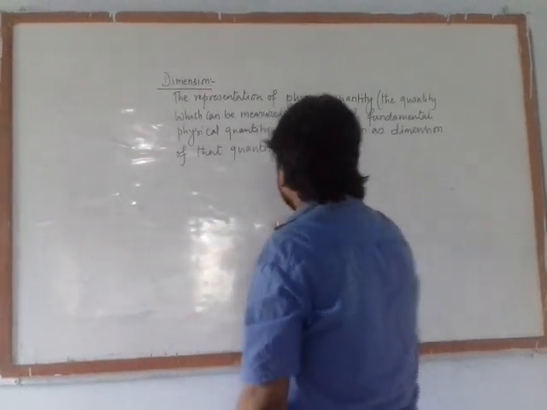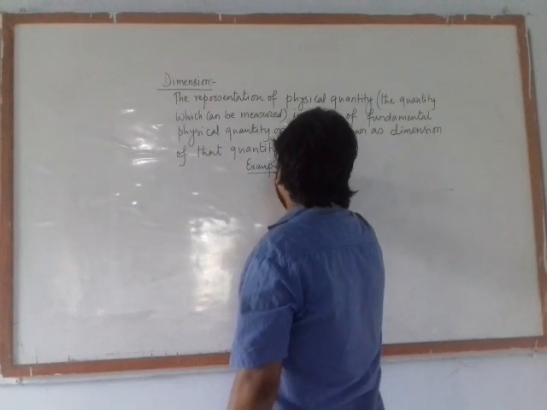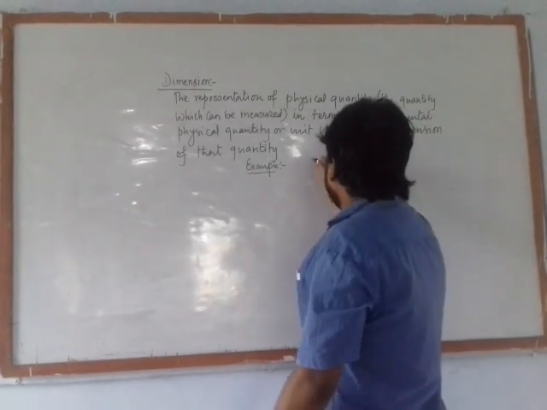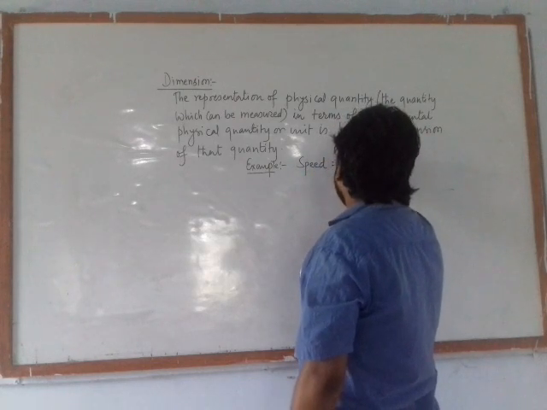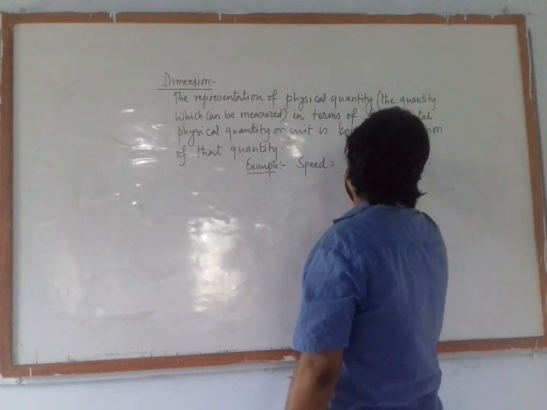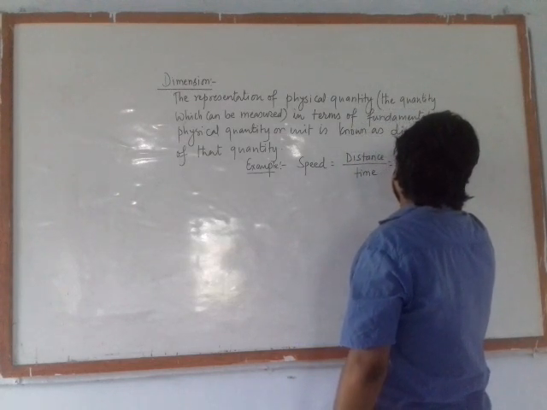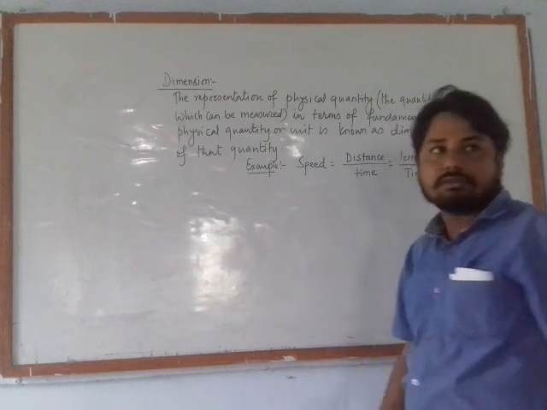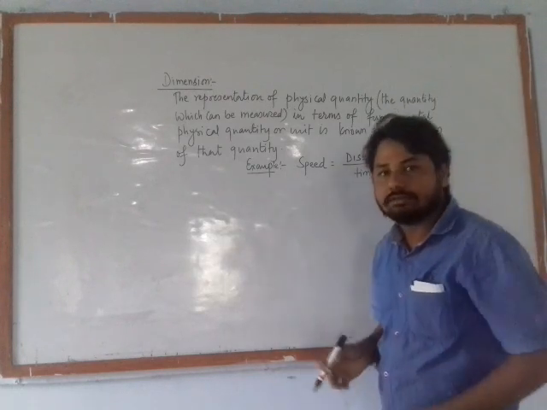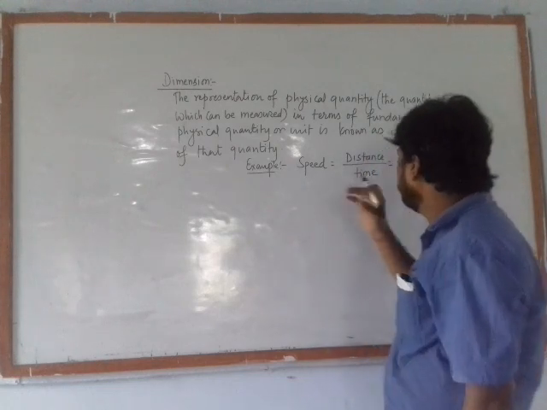As for example, I have told before, like speed. So speed, the general formula is distance by time. And distance is itself length. Because distance, breadth, thickness, like height, these all are the same quantity.